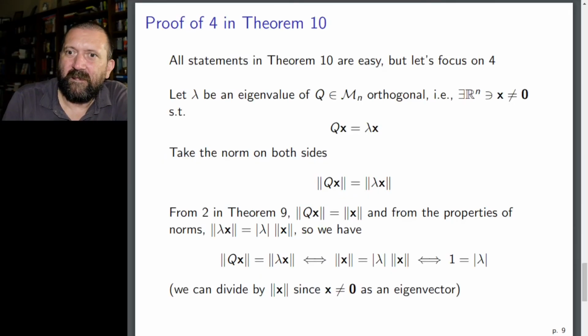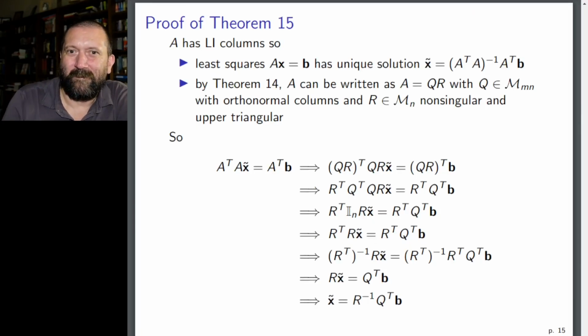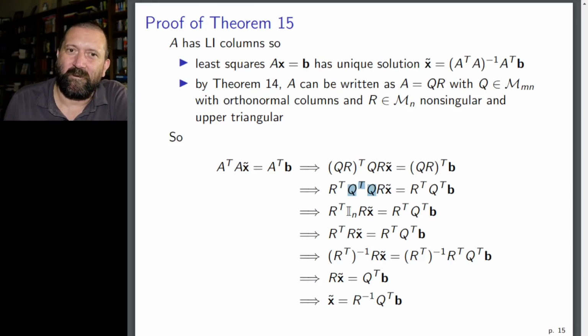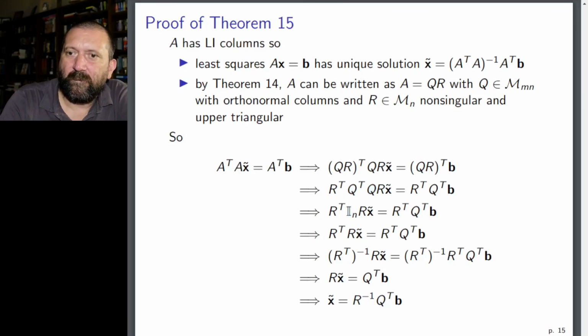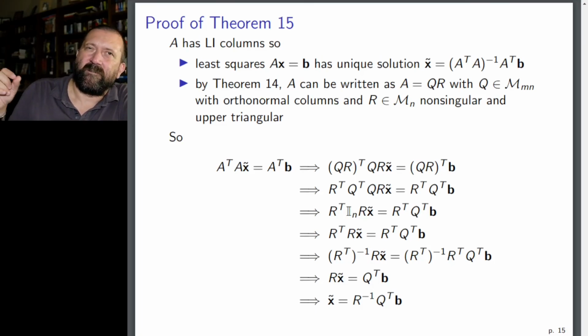So when I see Q transpose times Q here, because the columns of Q are an orthonormal set, this means that Q transpose times Q is equal to identity. And in terms of size, Q is m by n, Q transpose is n by m, so Q transpose times Q is n by n.